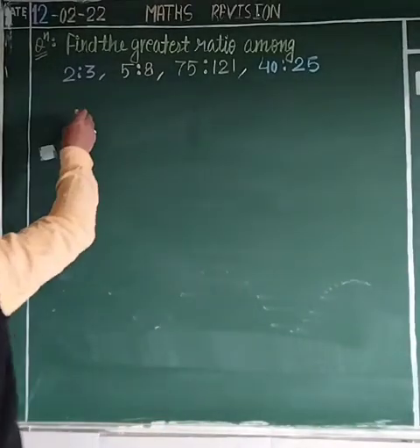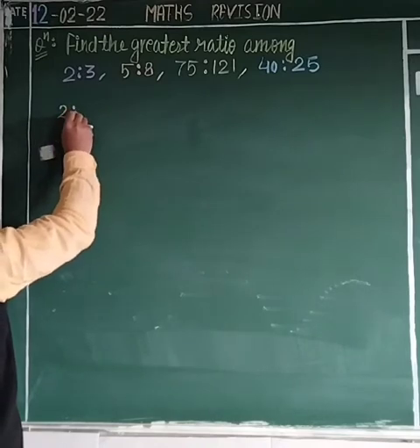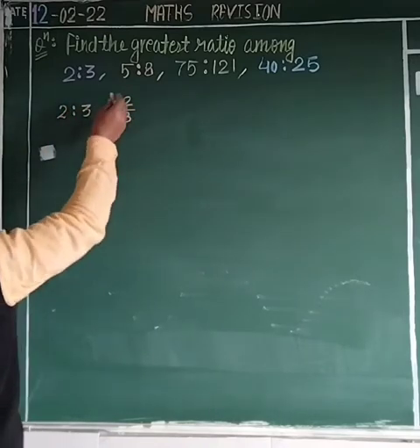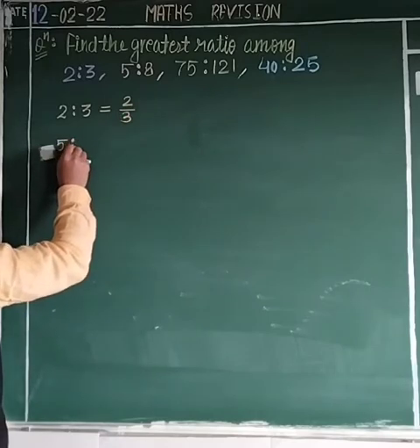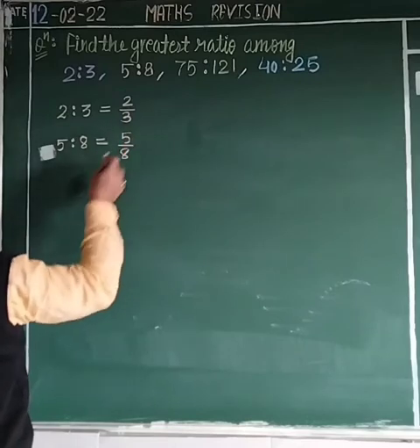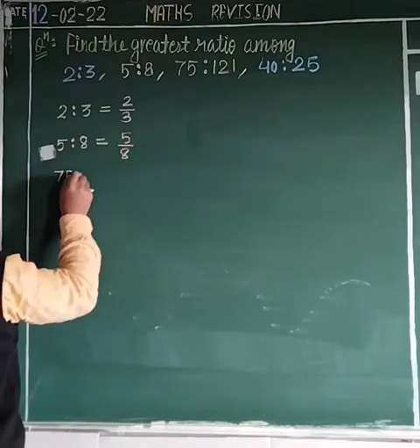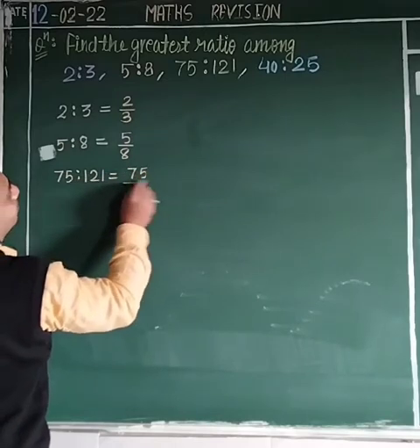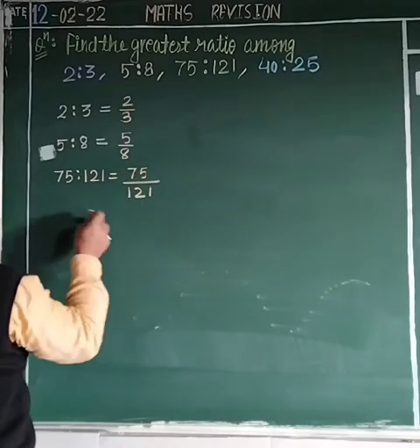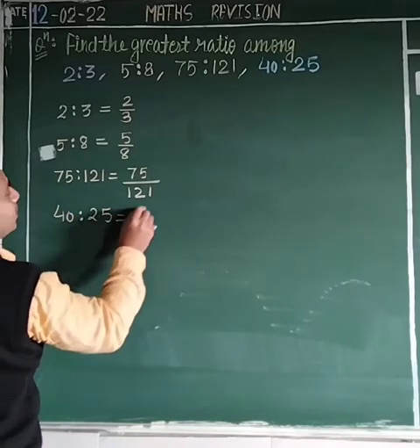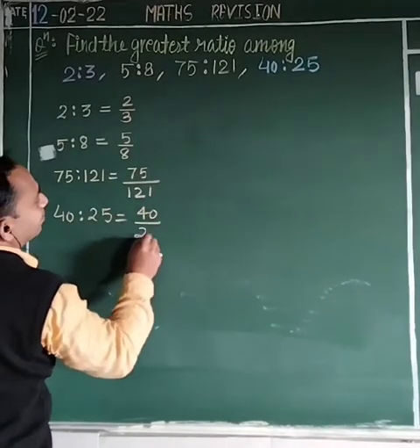So first of all write down 2:3 as 2/3, 5:8 as 5/8, 75:121 as 75/121, and 40:25 as 40/25.